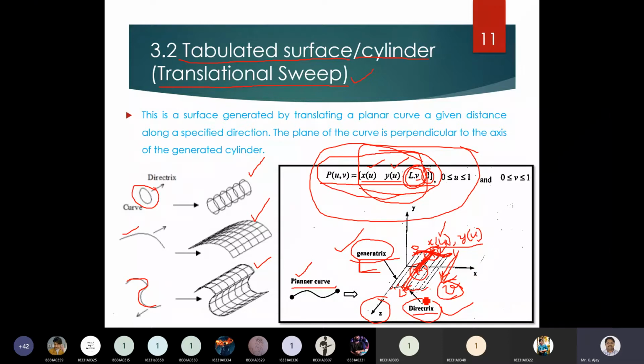As I told you, you can get a similar kind of surface in both ways. So he considered the generatrix as if it is on the xy plane.